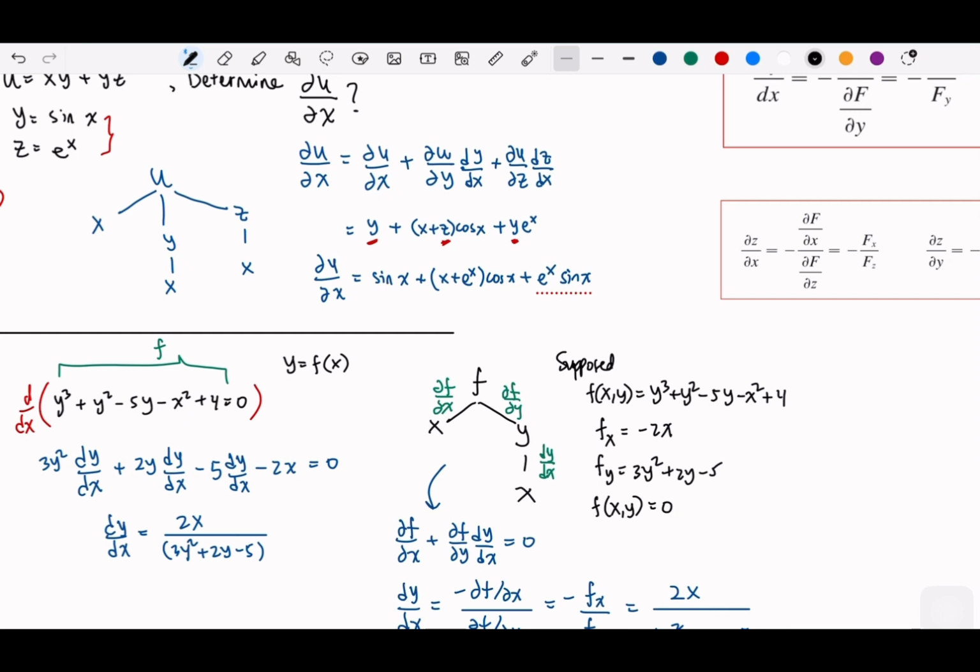But this implicit is a more general implicit that happens many times. So basically the partial of f with respect to x is, you have this one, but you have another one here and you do the plus.